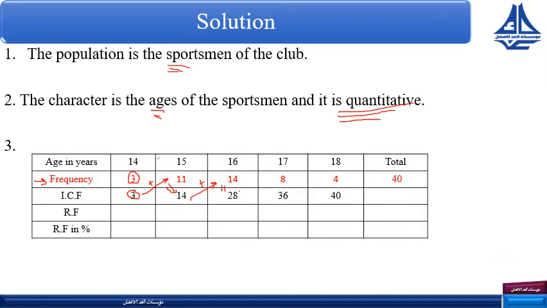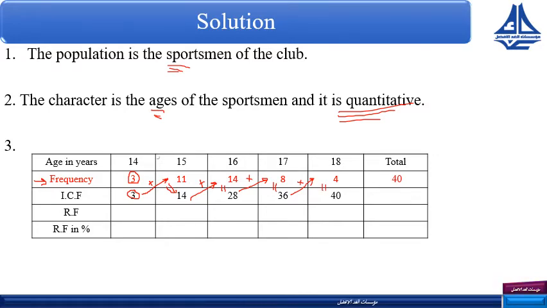Now 28 plus which number equals 36? 28 plus 8 equals 36. And finally, 36 plus which number equals 40? 36 plus 4 equals 40.